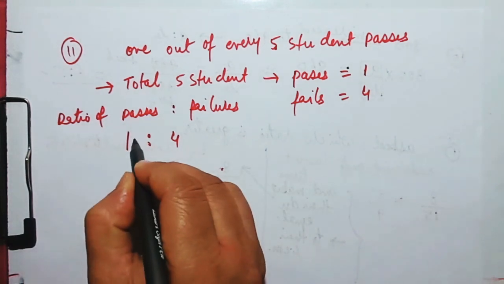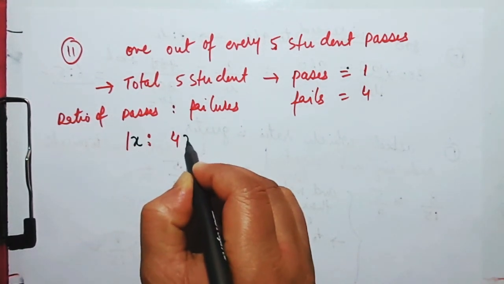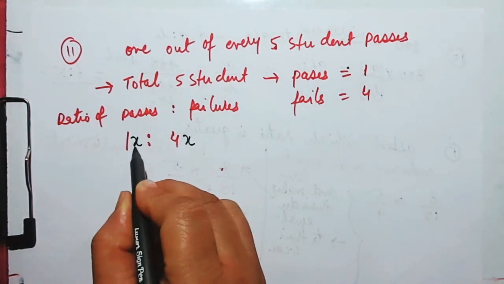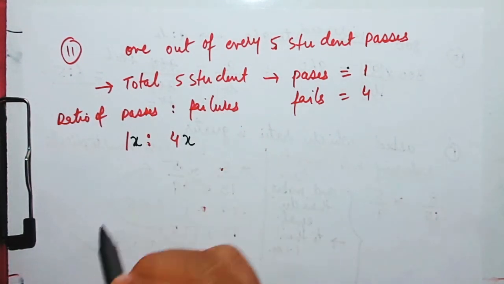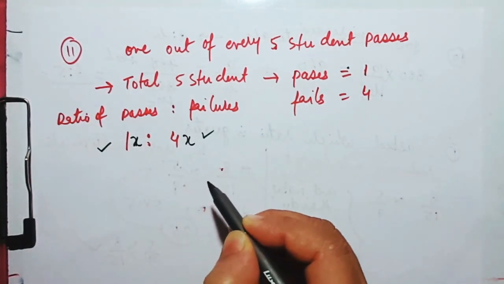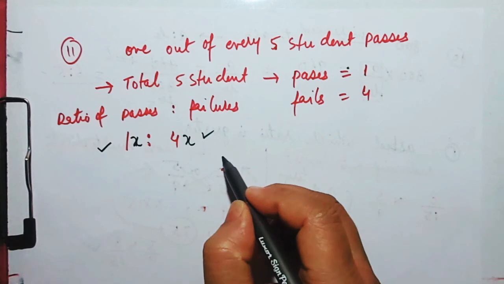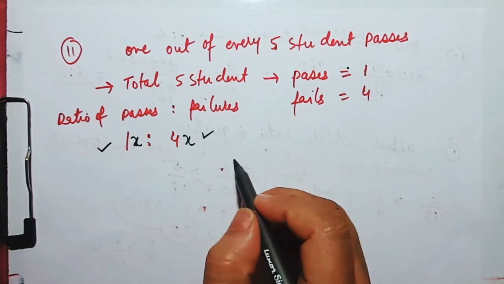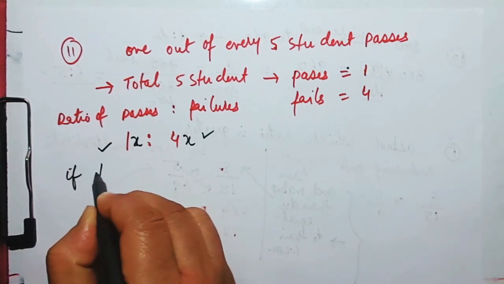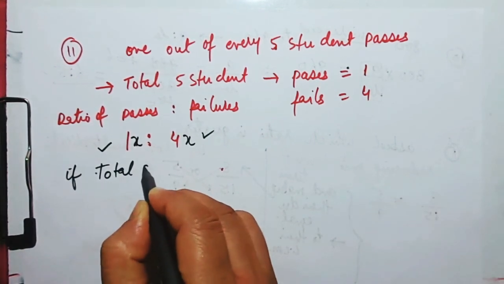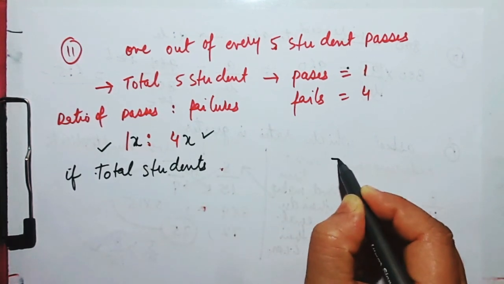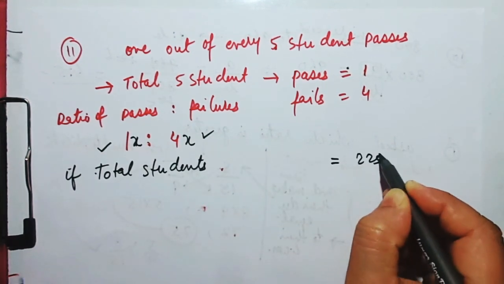So when you multiply this by x, what will you get? You will get the number of passes equal to x and the number of failures equal to 4x. What are they saying? If there are 225 students in all, total students is equal to 225.